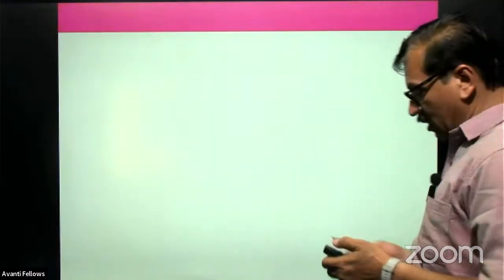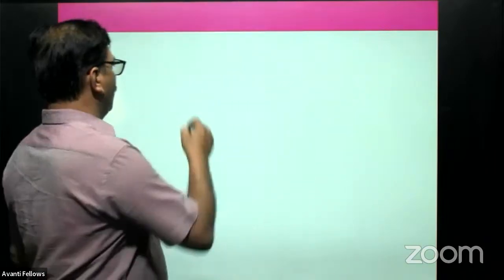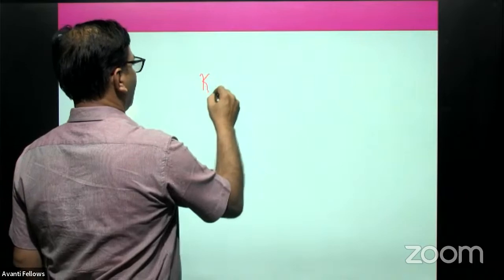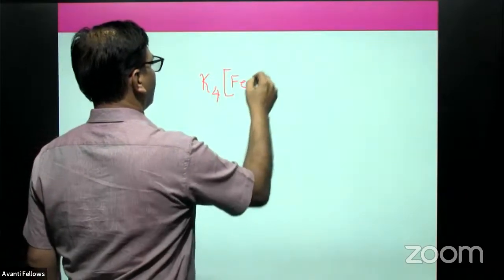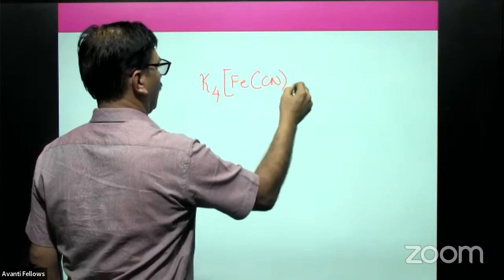Now, they form complex ions. These transition elements form complex ions. What is a complex ion? We have come across such substances, for example K4[Fe(CN)6].